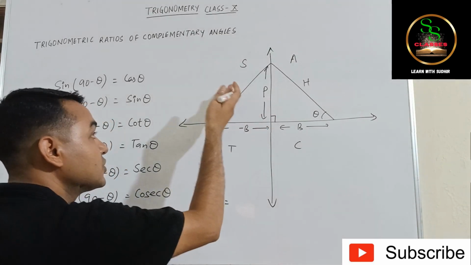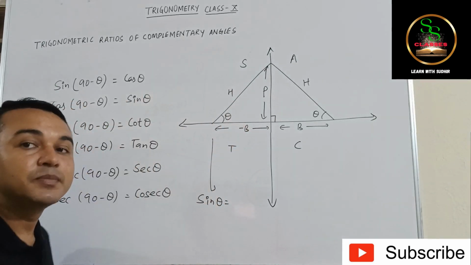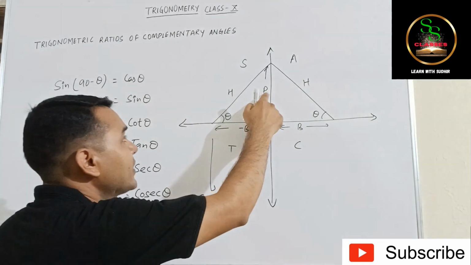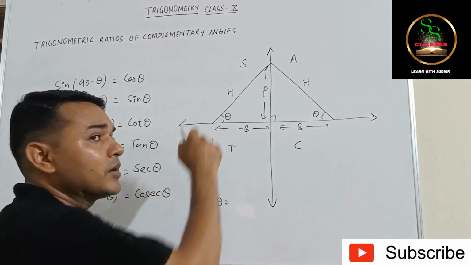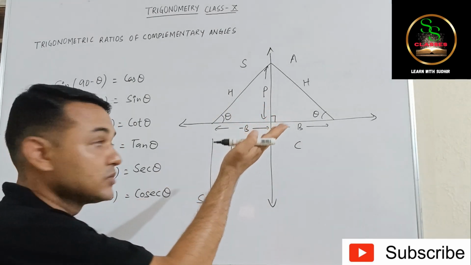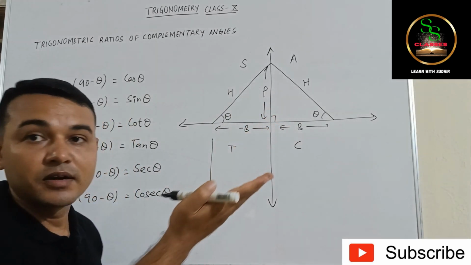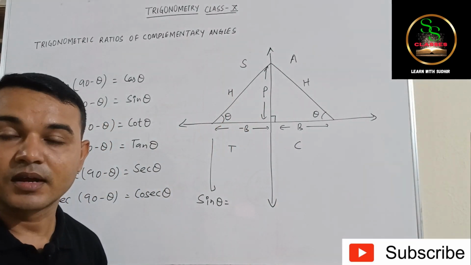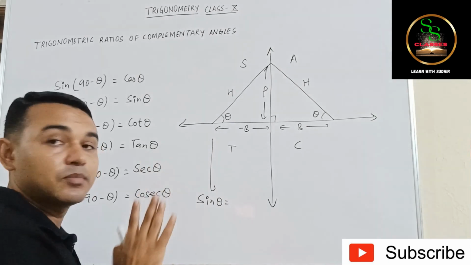Sin theta is perpendicular by hypotenuse. You all know hypotenuse is always positive. Why? You can use the Pythagoras theorem. Perpendicular square plus base square is equal to hypotenuse square. Perpendicular square is positive. Minus b whole square will be positive. Square plus square will be hypotenuse square, so hypotenuse is still positive.